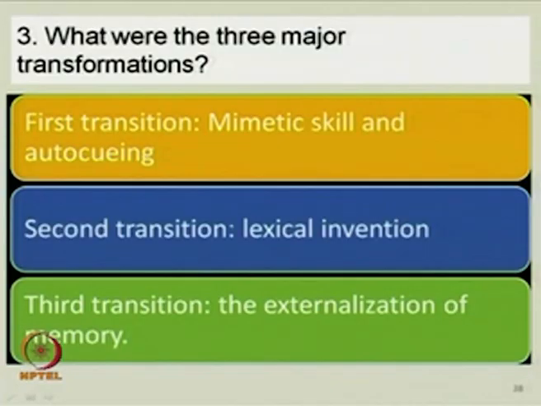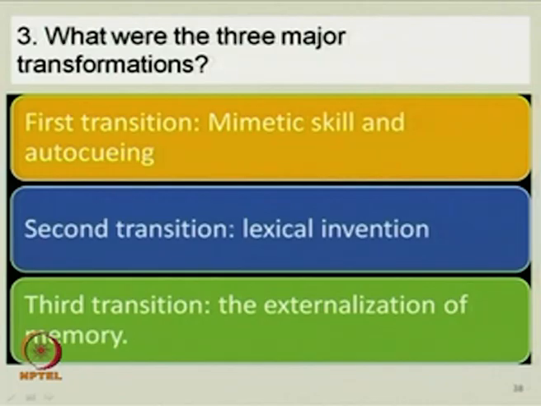In the second stage, the most important thing was lexical invention, following, among other things, the descent of the larynx, anatomically speaking, which gave us a peculiar vowel triangle, in the shape of an inverted L, which gave us a larger repertoire of vowel sounds through which we could create new words and develop our lexicon.